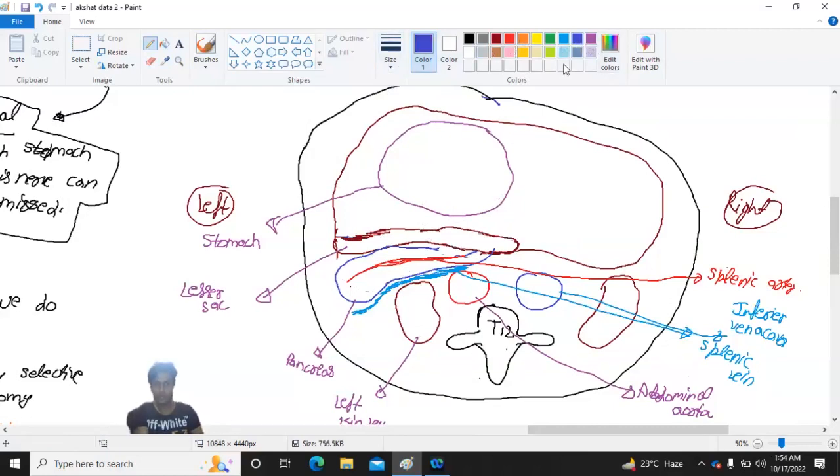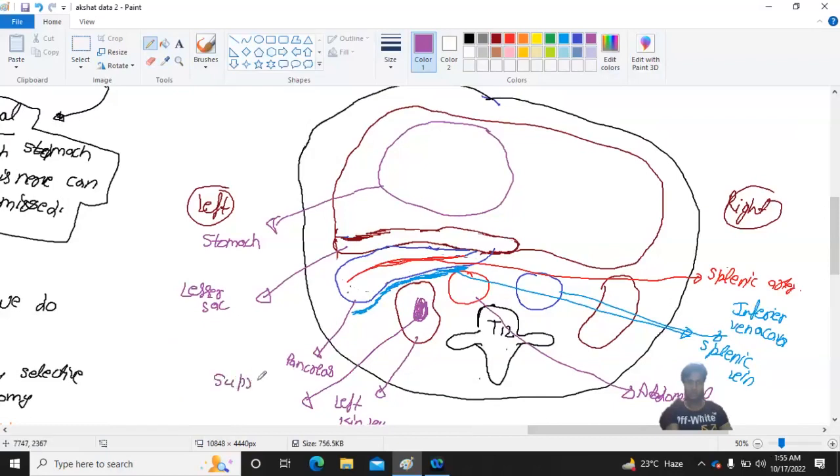Above it, the celiac trunk, splenic artery, splenic vein, and here is the suprarenal gland. Done. So this is our stomach bed complete.